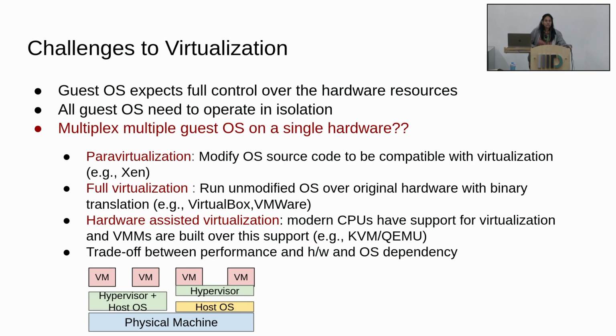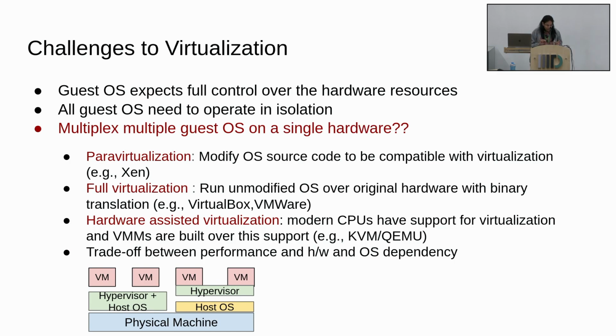The hypervisors that enable that are KVM and QEMU, which have a kernel module running in the host operating system that enables these privilege modes for the guest operating system.